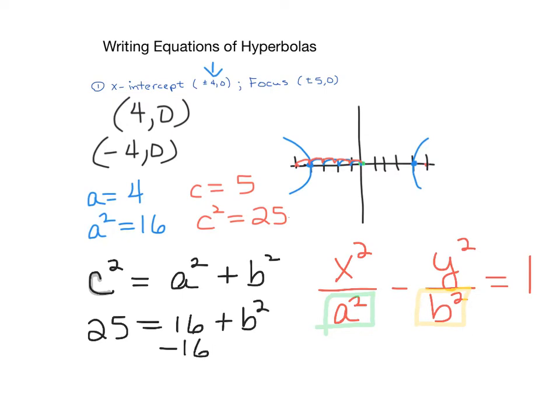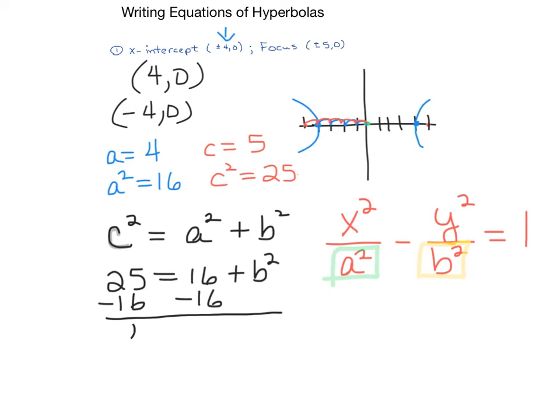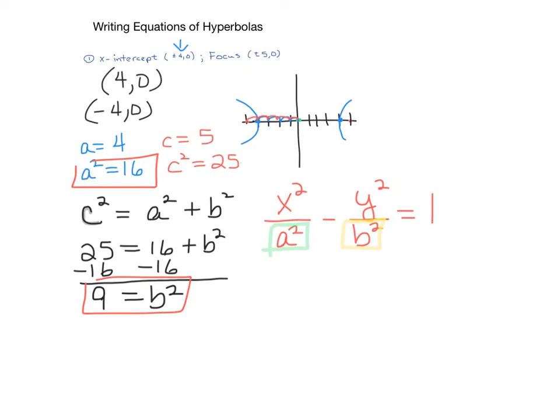I'm going to subtract the 16, and I get 9 is equal to b squared. I now have all of the information that I need to fill in my standard form of the equation. So it'll end up being x squared over 16, minus y squared over 9, equals 1. And that's the standard form.